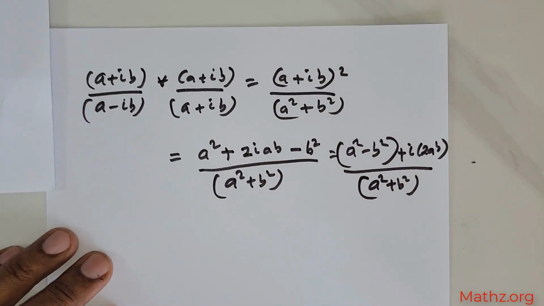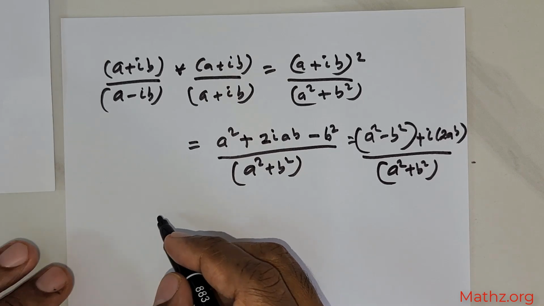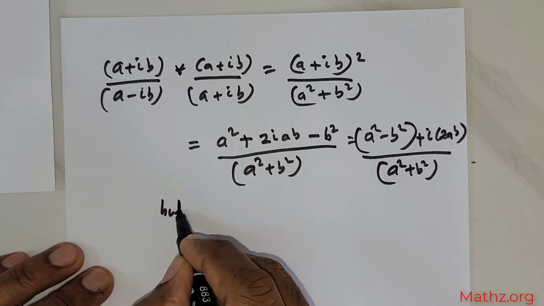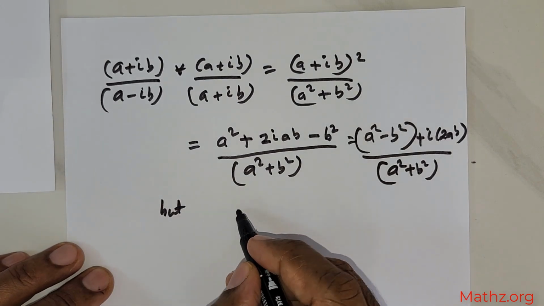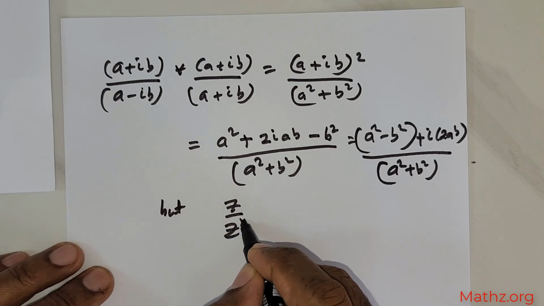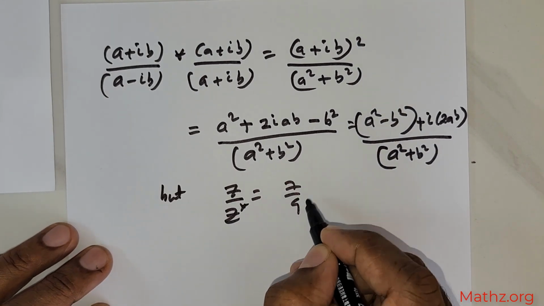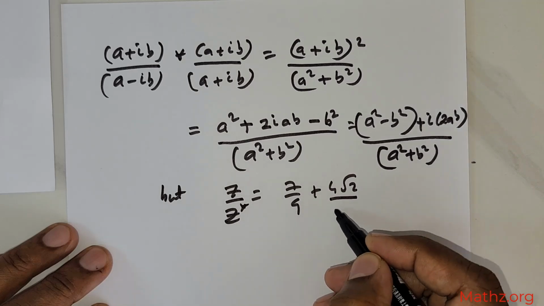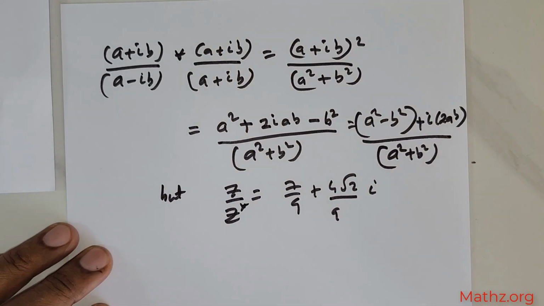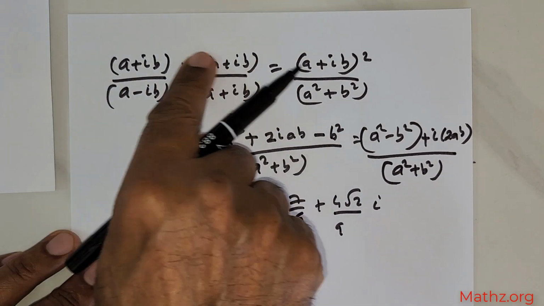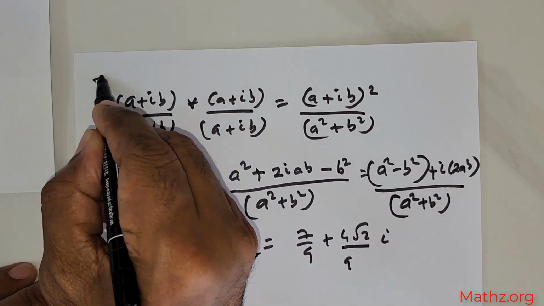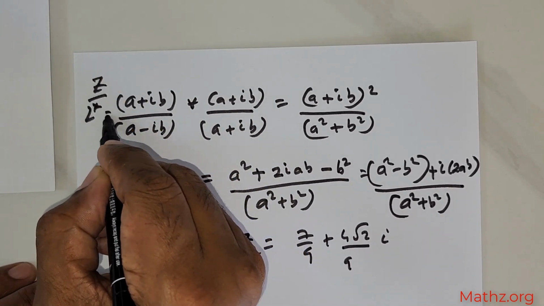So this is one part you have got, but what we have been given is that z over z star is 7/9 + (4√2/9)i. This is what we have got, and this part is z over z star.